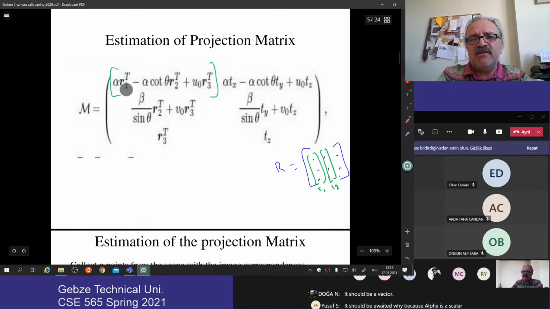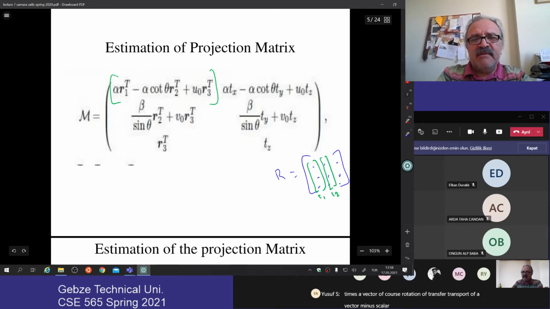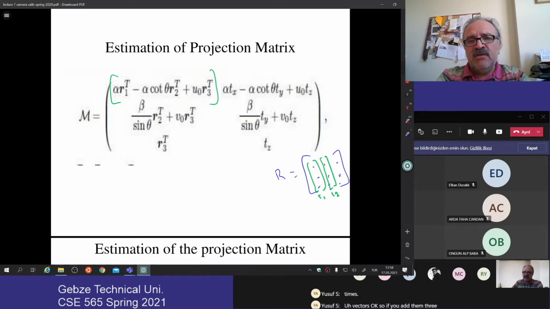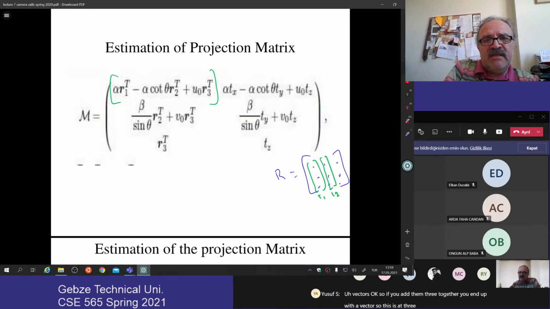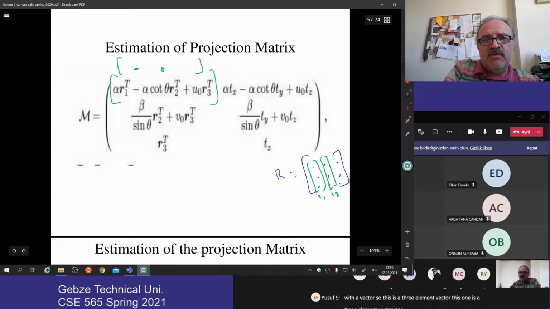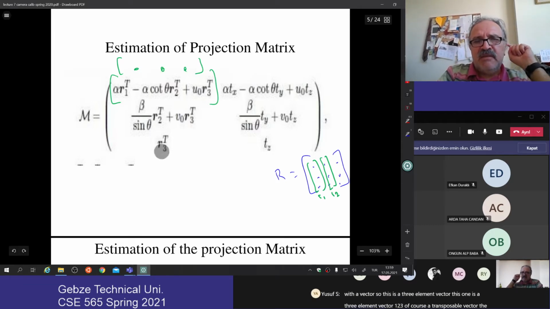Scalar times a transpose of a vector, minus scalar times vector, plus scalar times vector. If you add them three together, you end up with a vector. So this is a 3 element vector. Of course, the transpose of a vector. The same thing here.